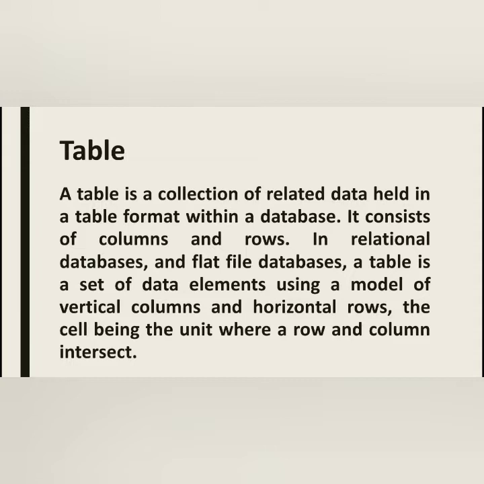In relational database and flat file database, a table is a set of data elements using a model of vertical columns and horizontal rows. The cell being the unit where a row and column intersect. So, the table is the building block of a database. They store the complete data in a structured manner, that is in the form of rows and columns.